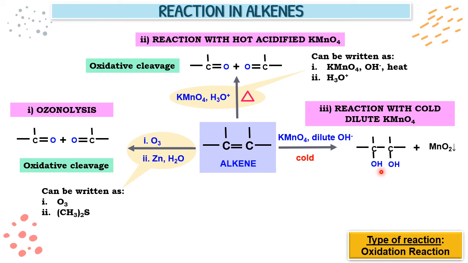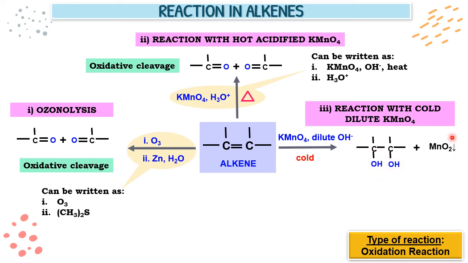The difference is that the carbon-carbon bond over here is not totally broken. The carbon-carbon bond will not be separated; it still has one single bond, and at each carbon we put OH.